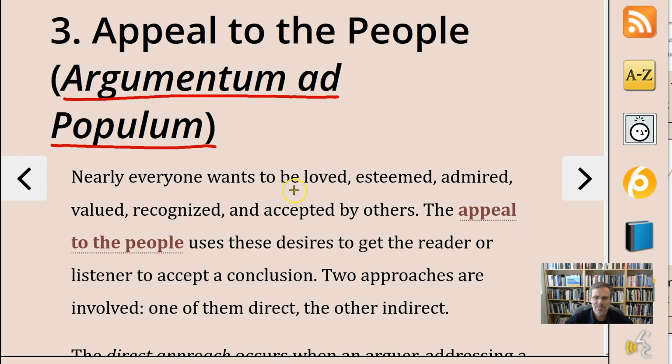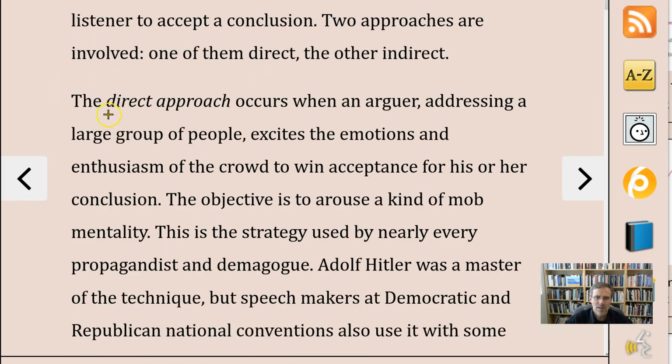Appeals to the people have this in common, that they appeal to our desire to be loved, admired, esteemed, valued, recognized by others, and uses that as a premise to get us to believe some conclusion. Now Hurley separates these appeals to the people as direct and indirect approaches.